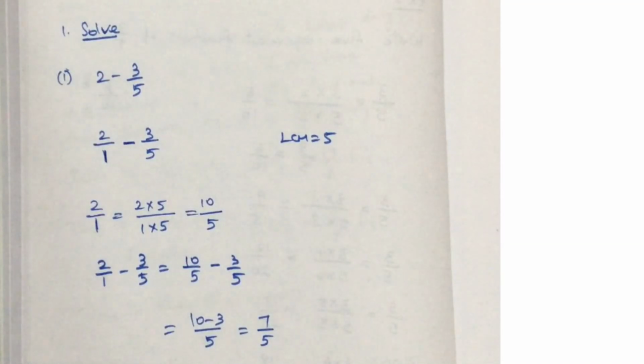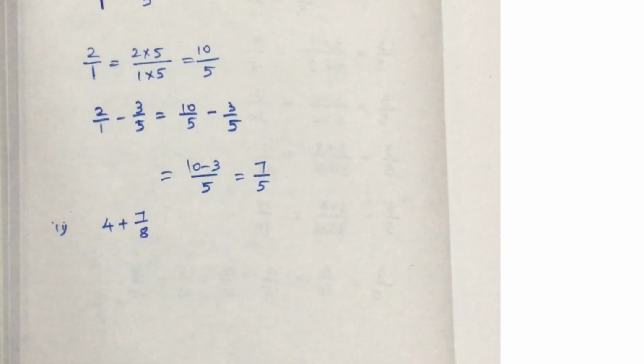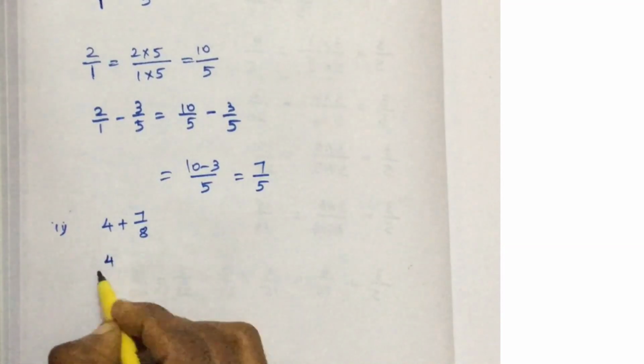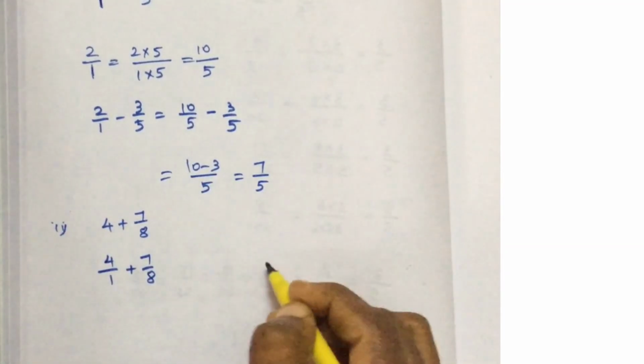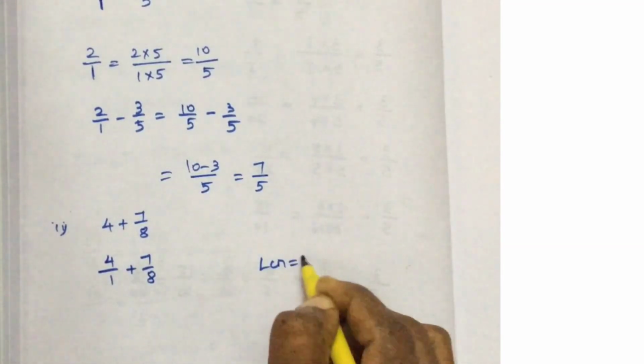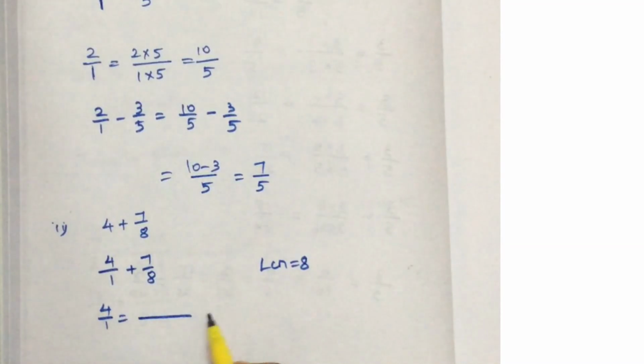Okay. The next problem is 4 plus 7 by 8, that is 4 by 1 plus 7 by 8. LCM is 8. Now this 4 by 1, the denominator I want to change as 8.